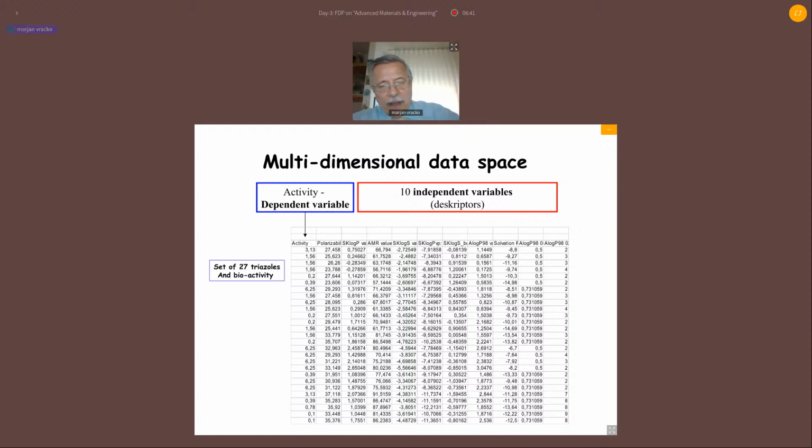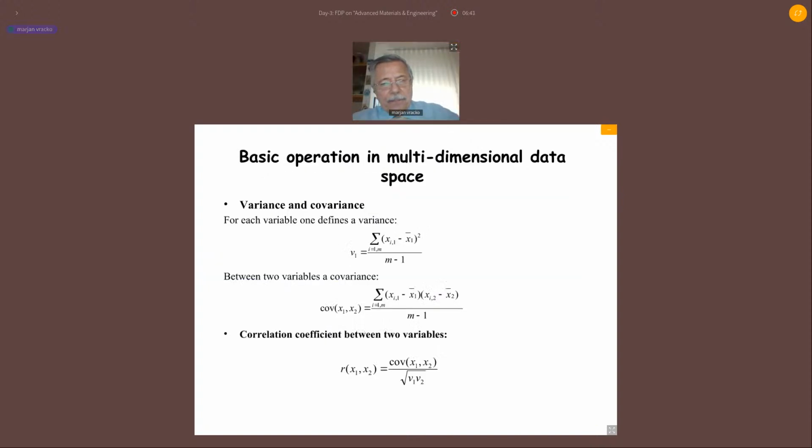And of course, in this multidimensional space, we can perform further operations. The two most important pieces of information about our data, we calculate the variance and the covariance. The variance is defined with this expression.